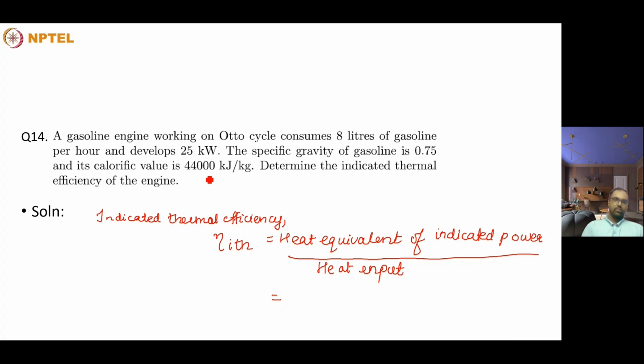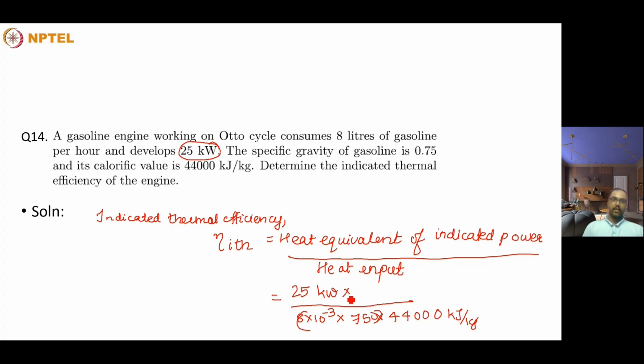It will be equal to 25 kilowatt, since it develops 25 kilowatt indicated power, divided by the specific gravity of the fuel, 0.75, and 8 liters, which is 8 into 10 power minus 3 multiplied by 750, multiplied by 44,000 kilojoule per kilogram.